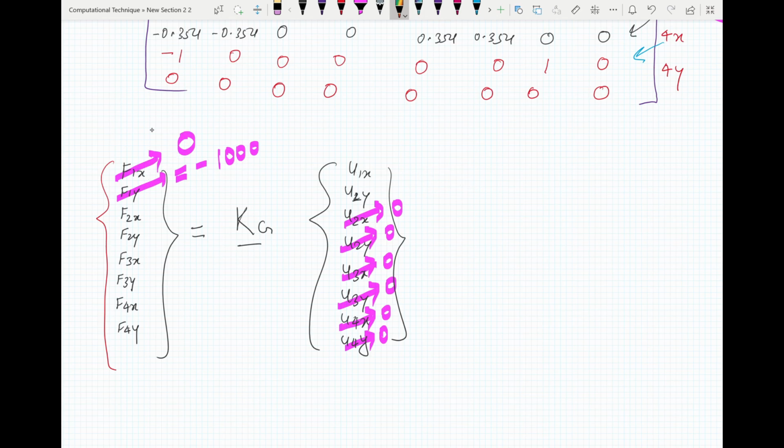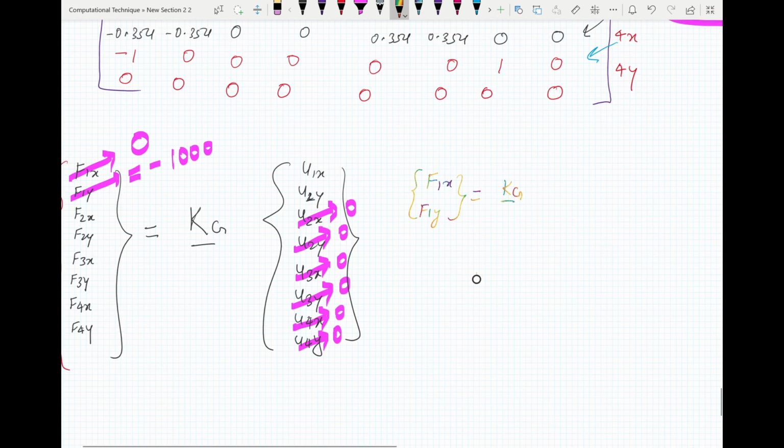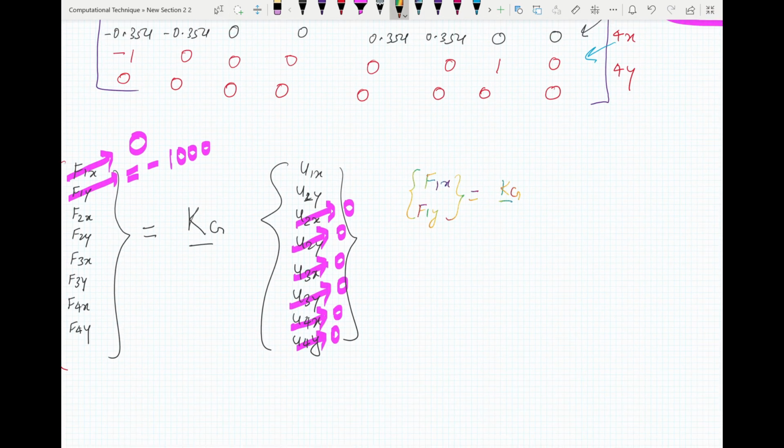since we know the left hand side values of F1x and F1y, what to write here is F1x, F1y equals your stiffness matrix for these two degrees of freedom. So this will be for degree of freedom 1x and 1y, and then we have U1x and U1y.